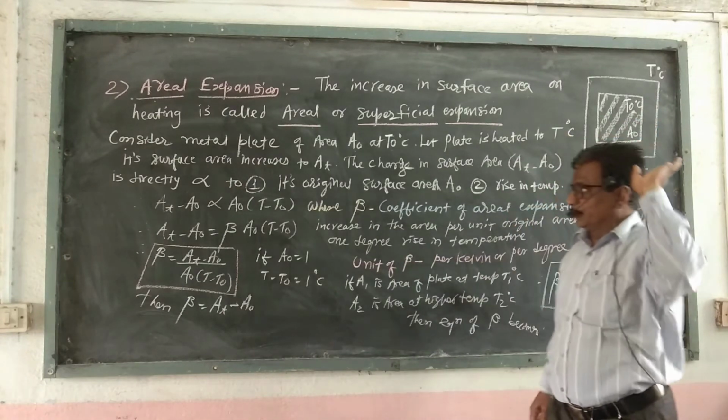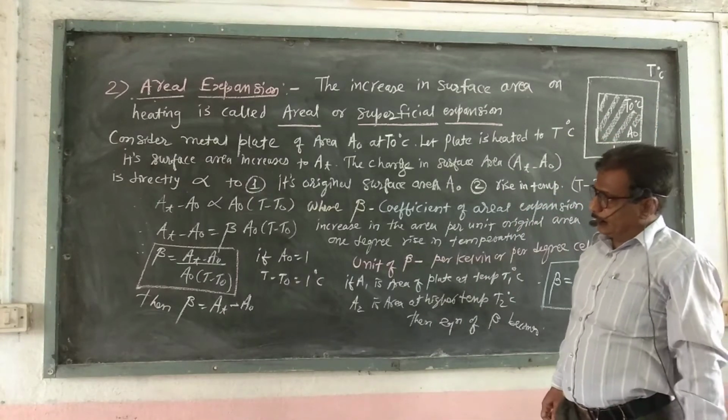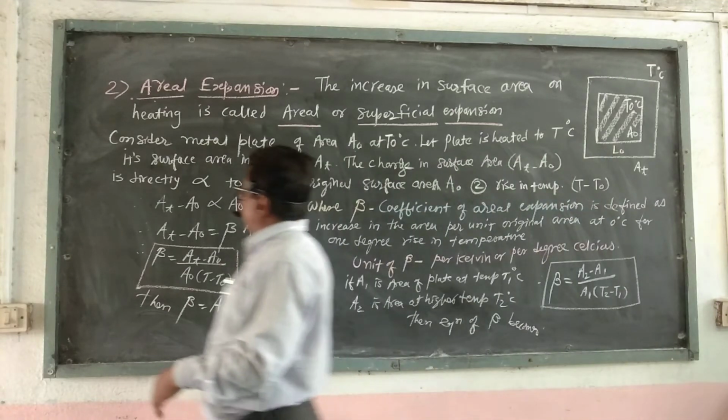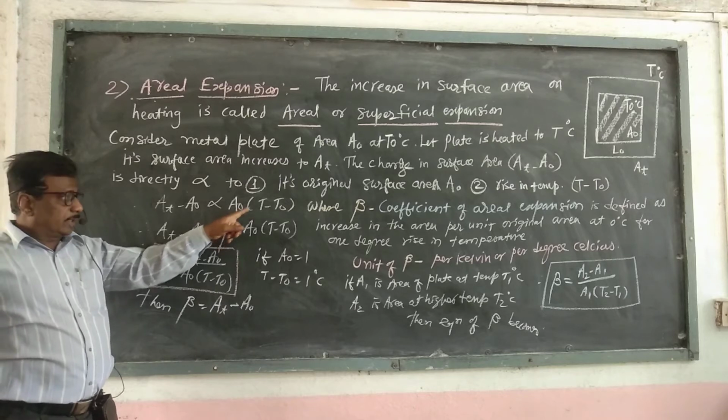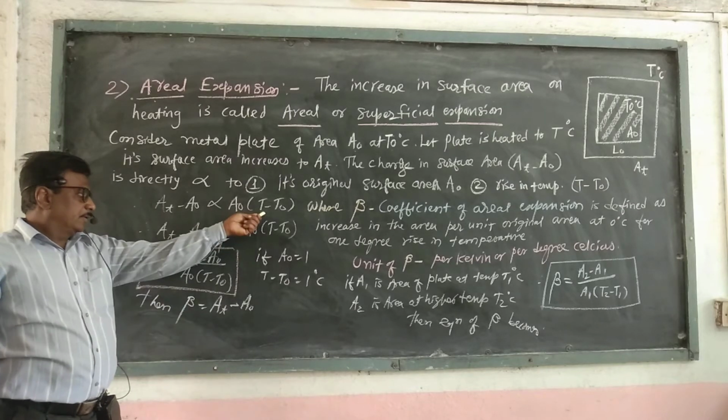So we write mathematically: A minus A0 is directly proportional to A0 into T minus T0.